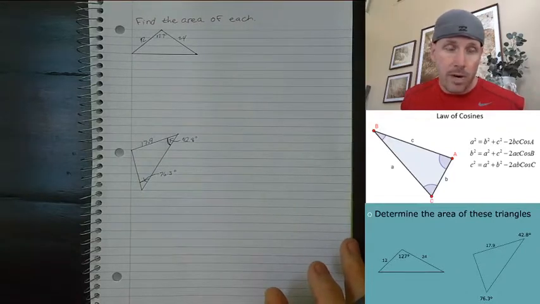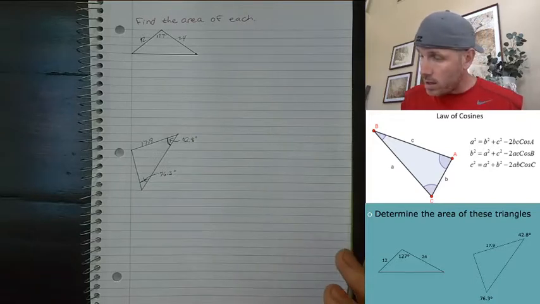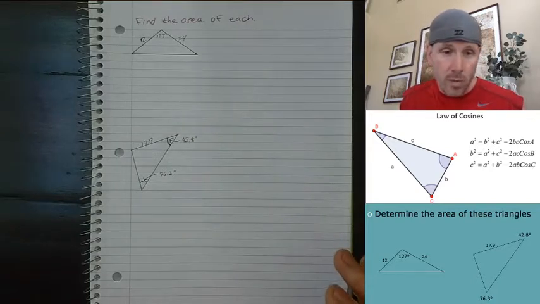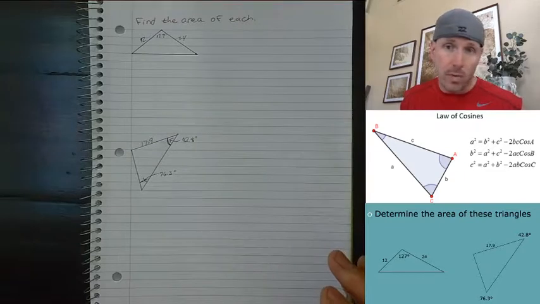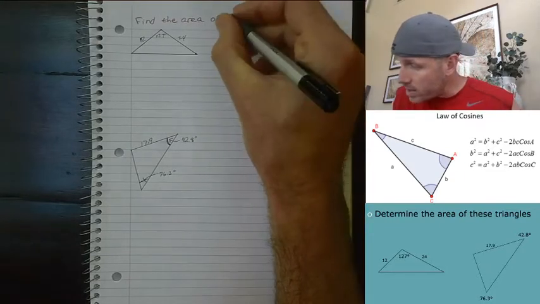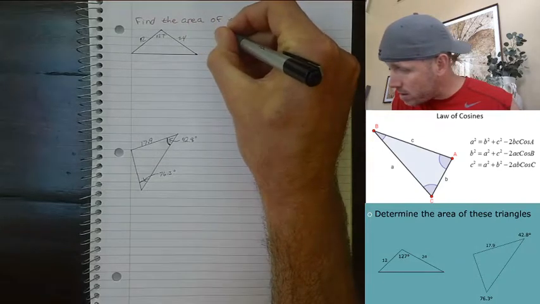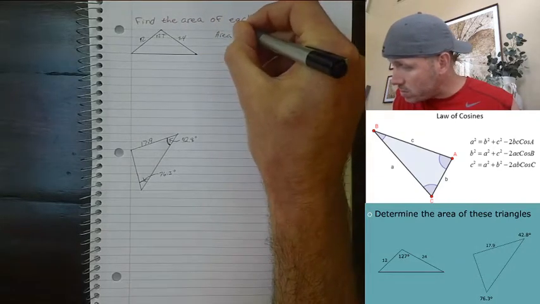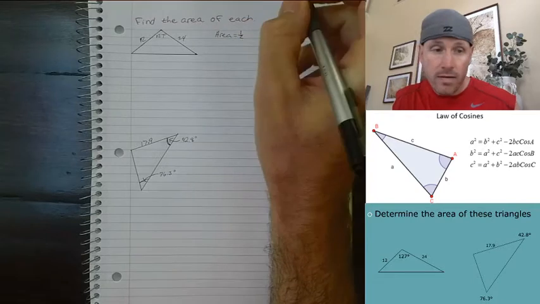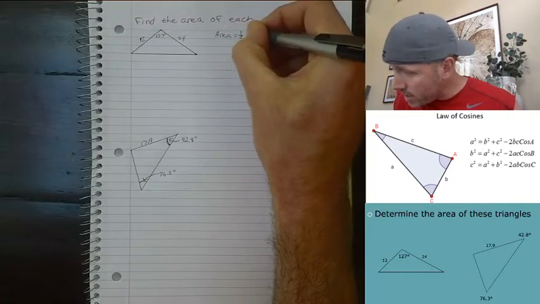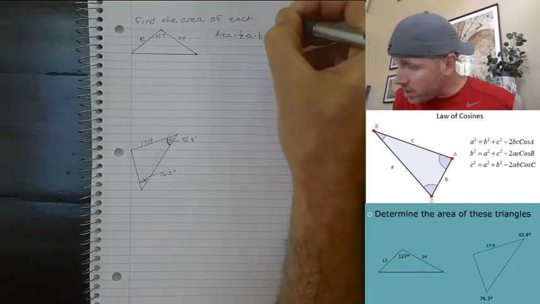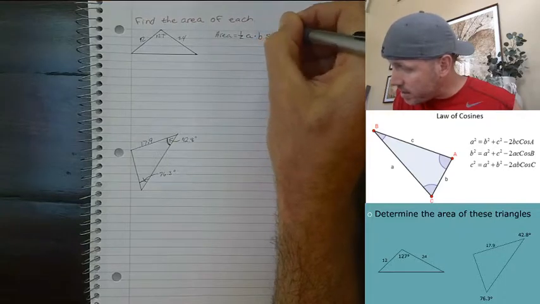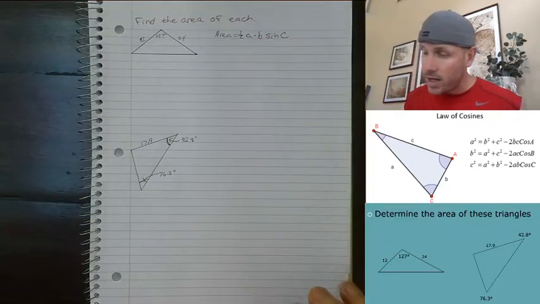If you remember, and I'll just give you one of them so that you can recognize and remember what we're talking about, but remember there's three different ones depending on what information you're given. So we had the area is equal to 1/2 A times B times the sine of angle C.